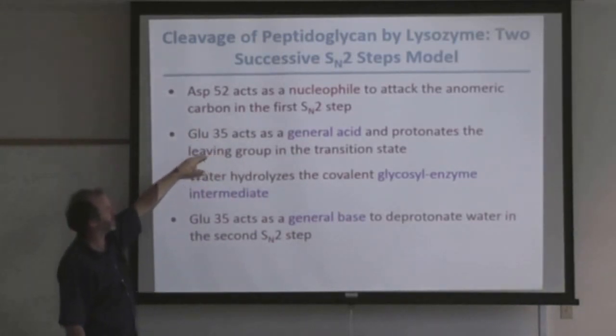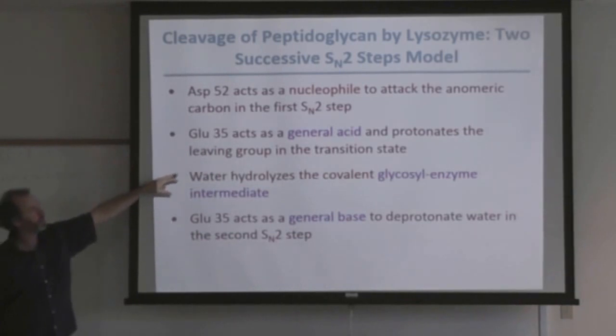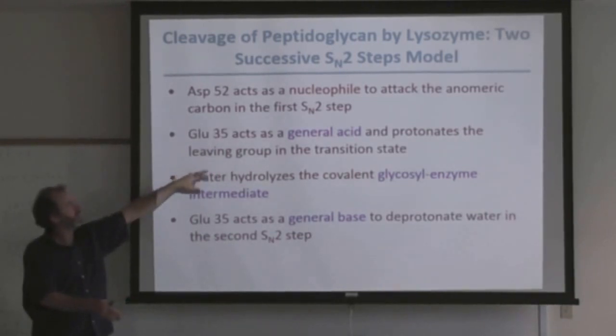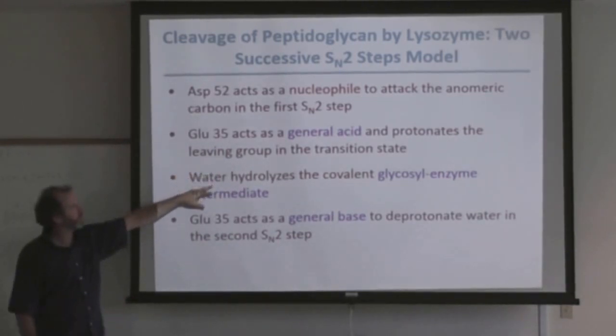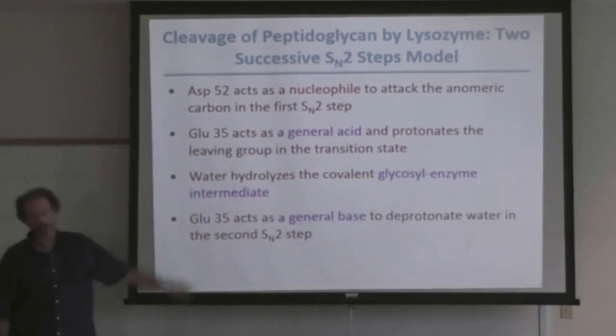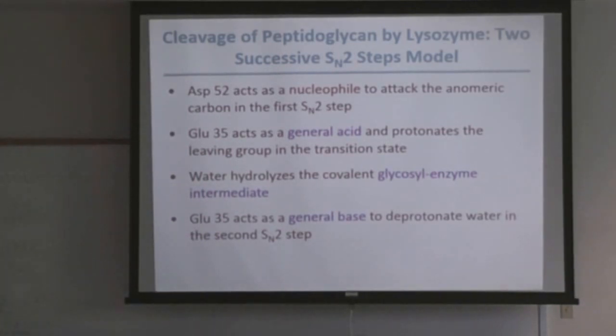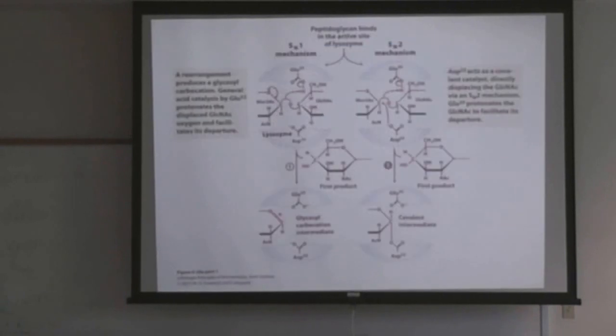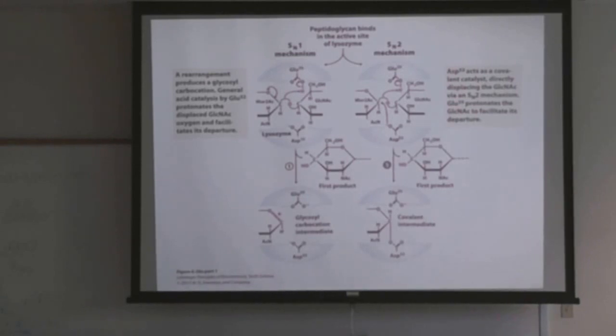Glutamic 35 then acts as a general acid. It's going to protonate the leaving group in the transition state, and water hydrolyzes the covalent glycosyl enzyme intermediate. Glutamic 35 then acts as a general base to deprotonate the water in the second step. And this is the overall reaction here, right? They're the overall first steps.